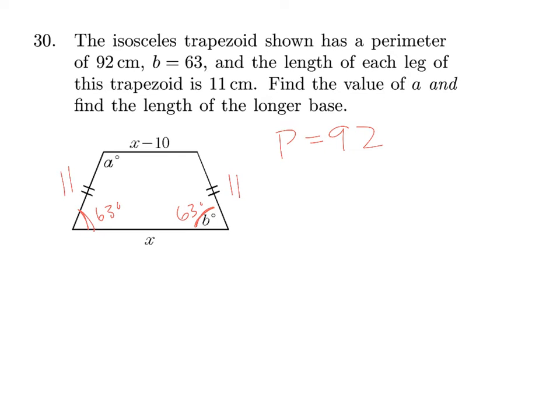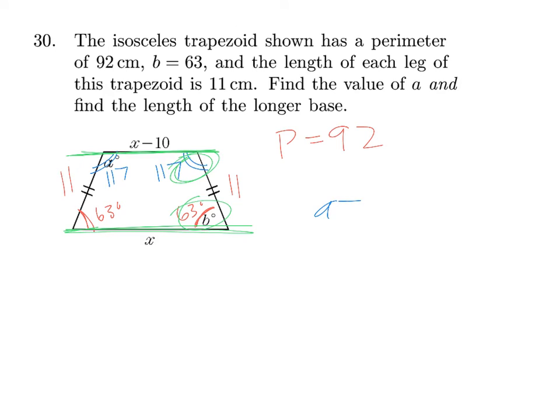And since it's an isosceles trapezoid, I know the base angles are congruent. Since it's a trapezoid, I know these lines are parallel, and these angles are consecutive interior. They have to add up to 180. So this angle here will be 180 minus 63, which is 117.